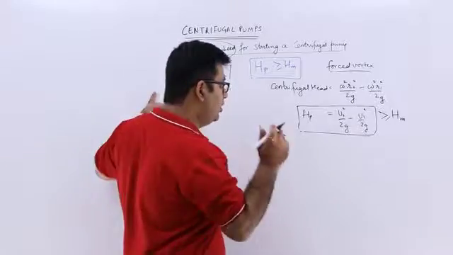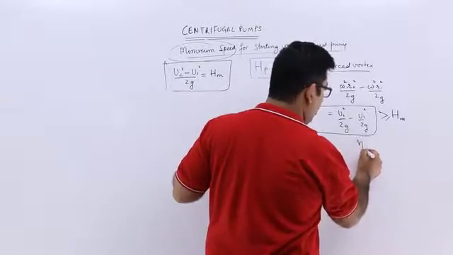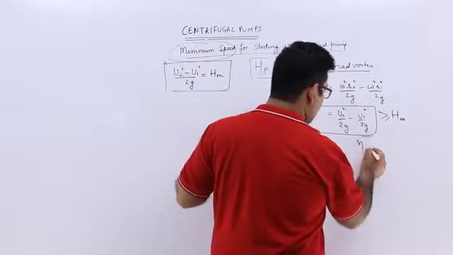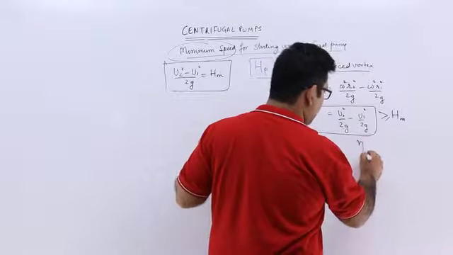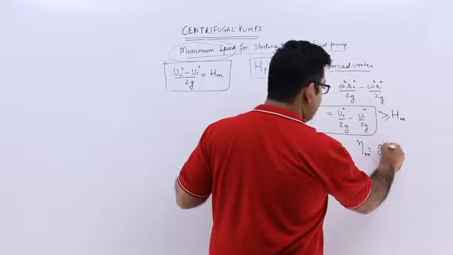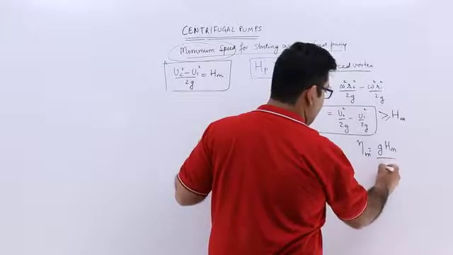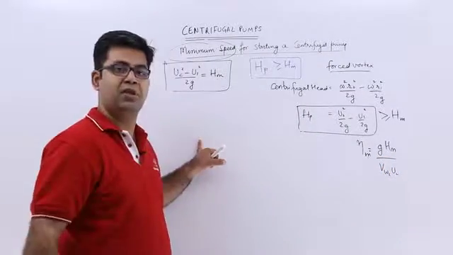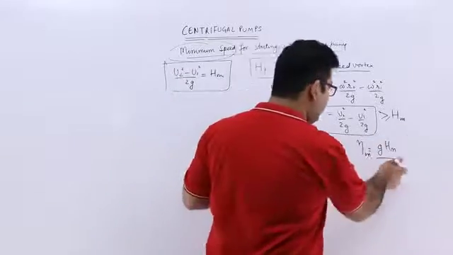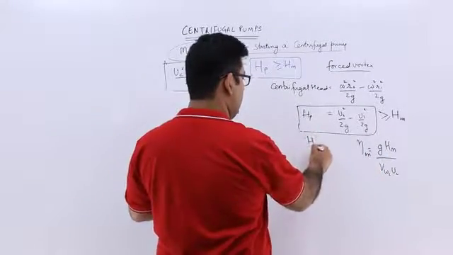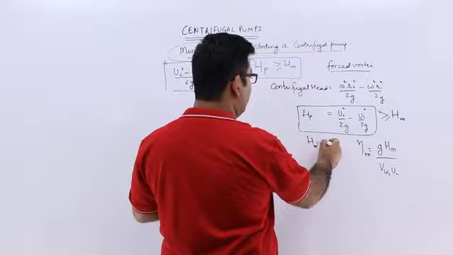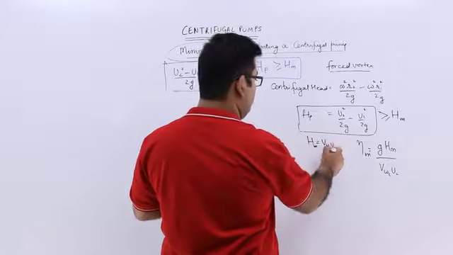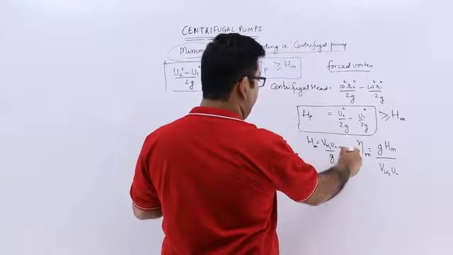Now if you write down the value of the overall manometric efficiency, this is equal to g into Hm by Vw2 into U2. So from here I can say that the value of Hm can be found out as Vw2 U2 by g into eta m.